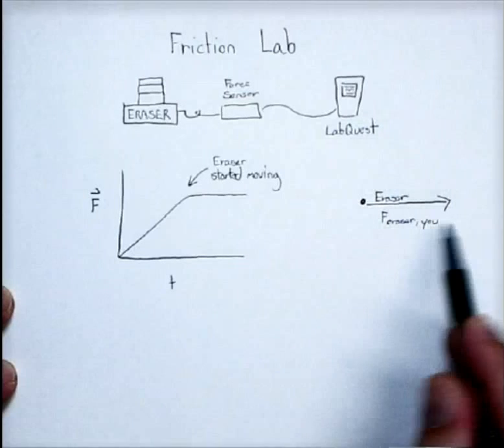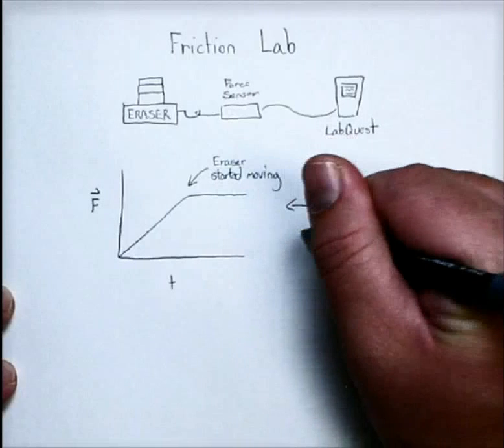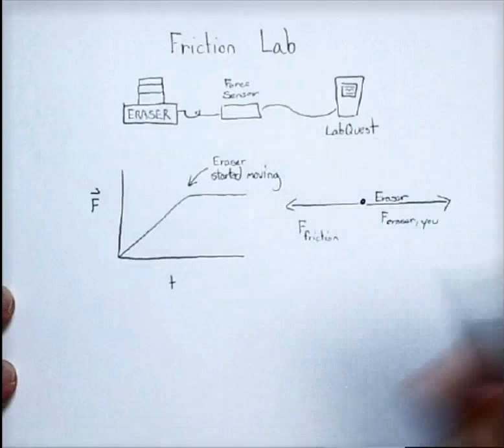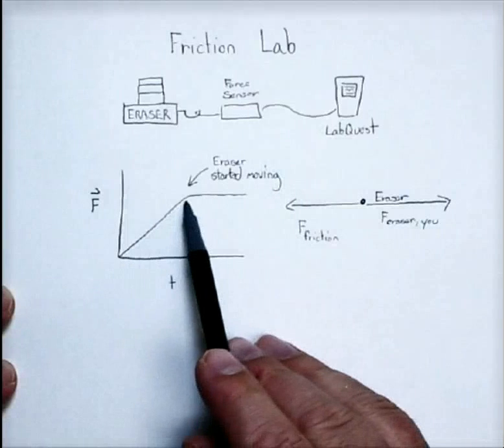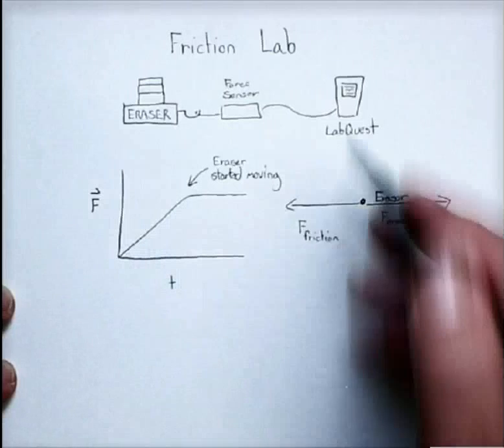So this is you pulling on the eraser, and then you have the force of friction. And during this time, whatever force you were pulling with, friction was actually matching that.